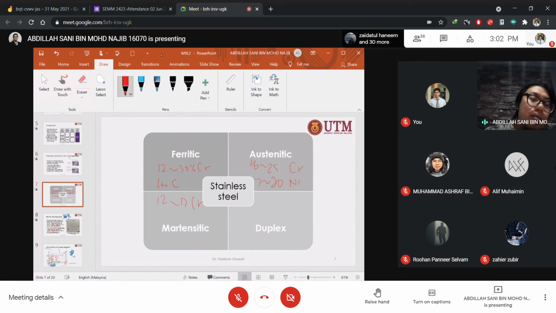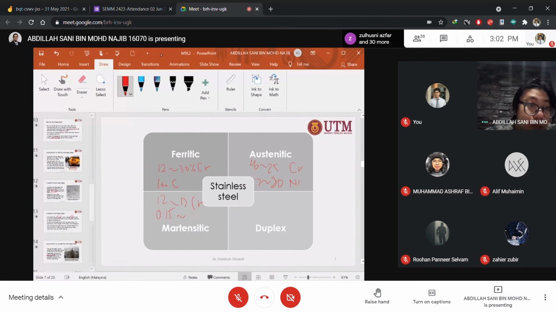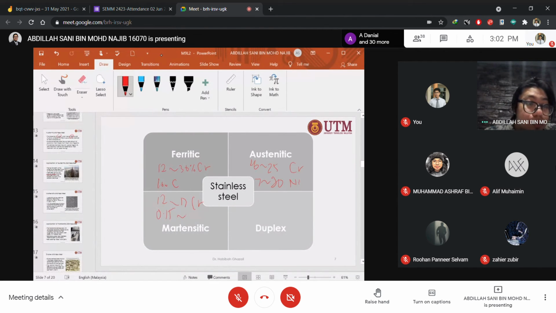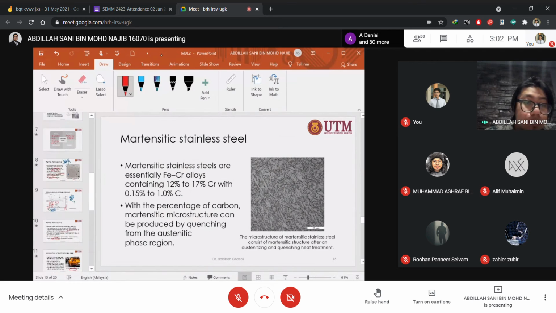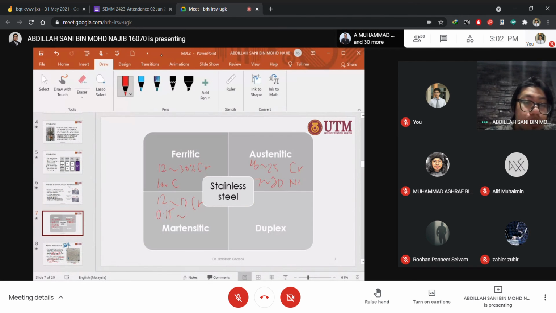Chromium and 0.15 to 1 percent of carbon. Both ferritic and austenitic have very low carbon. Martensitic has a higher amount of carbon.